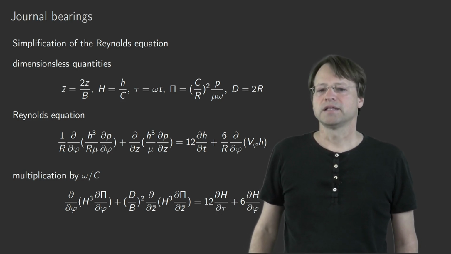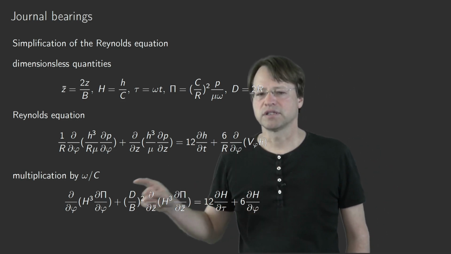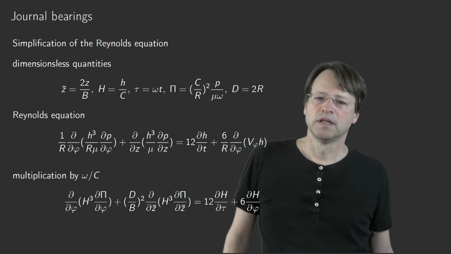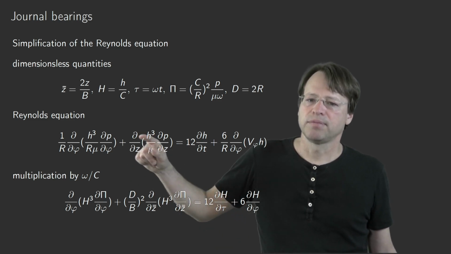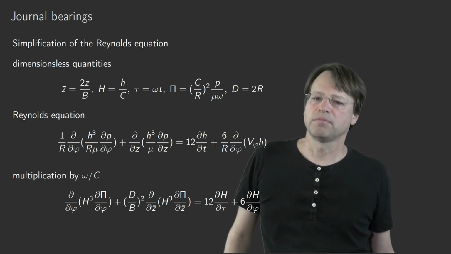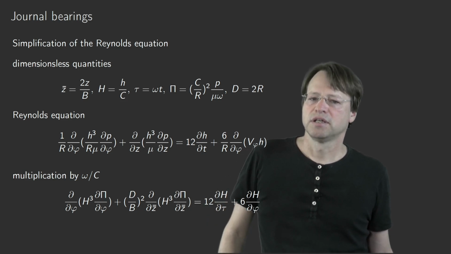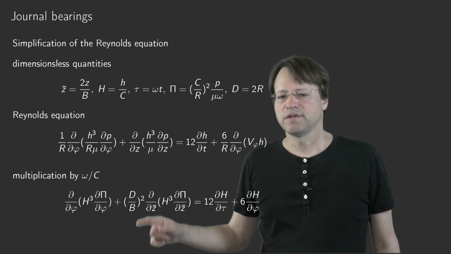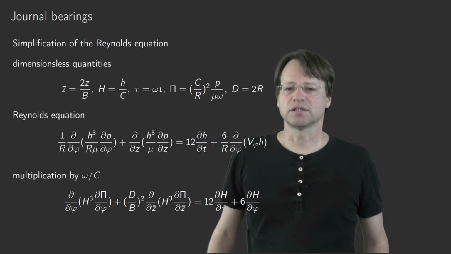Okay, let's have a look now at the terms on the left-hand side. Maybe we start with the first one. We have dp by d phi, capital A, lowercase h cubed, which is then replaced by capital H c to the third power. In total we divide by c, so we get c squared.